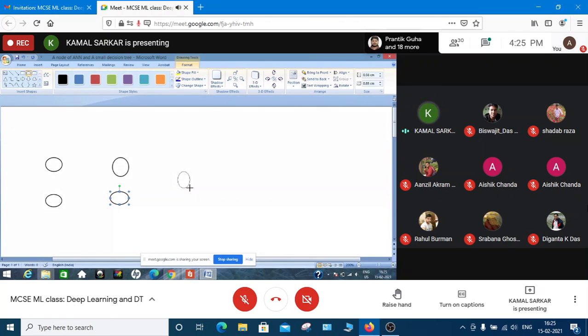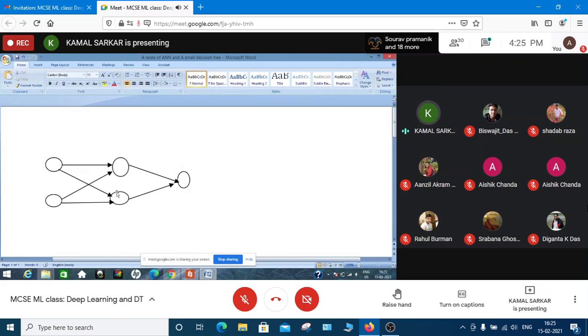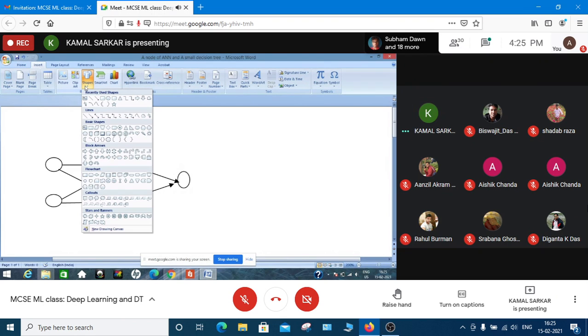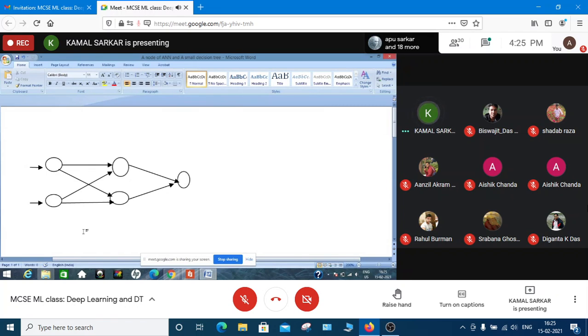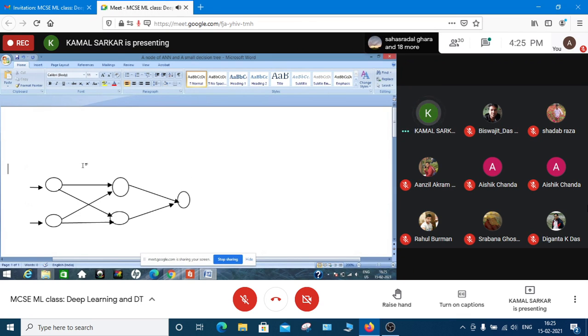It was the network for a XOR function. What was the hypothesis function in this case? Can you tell me the hypothesis function for this type of network?